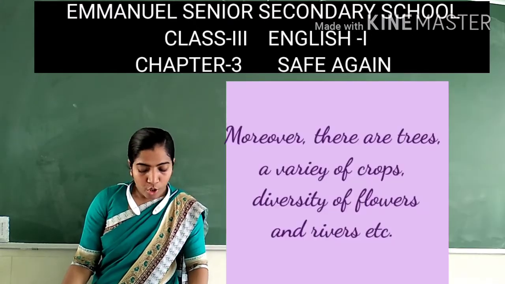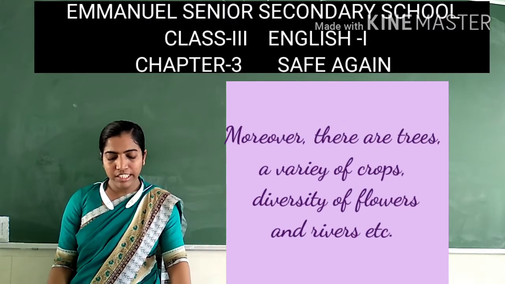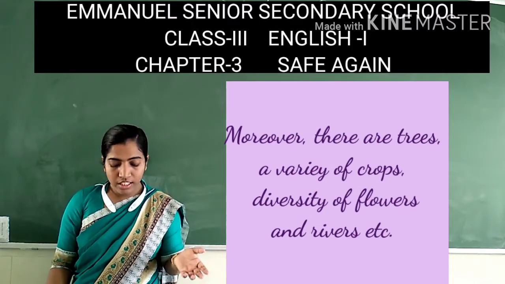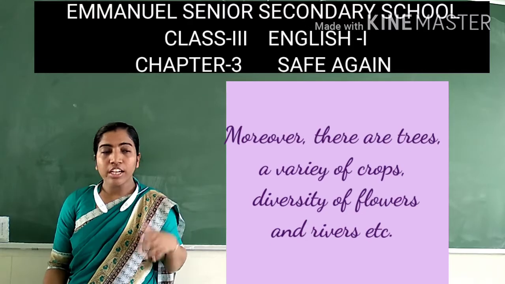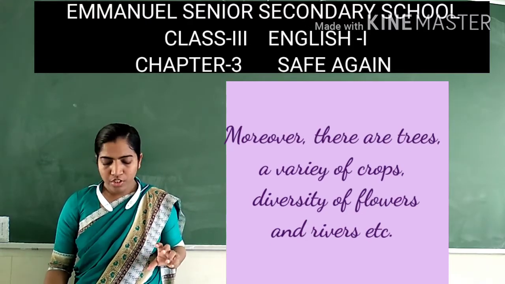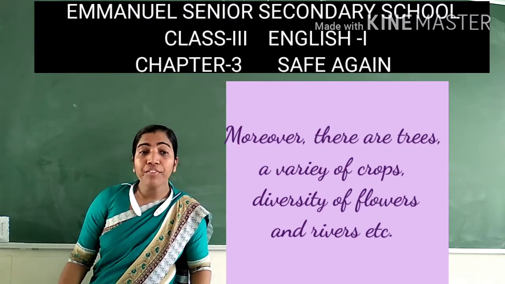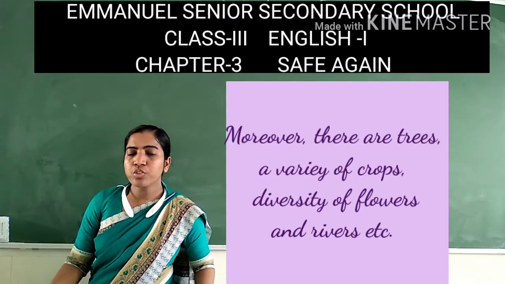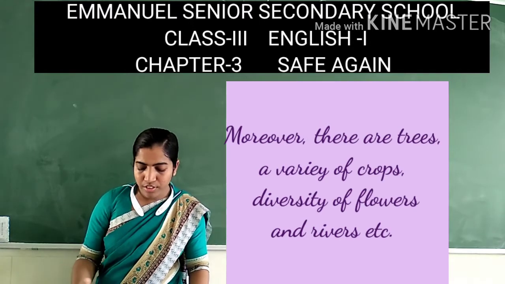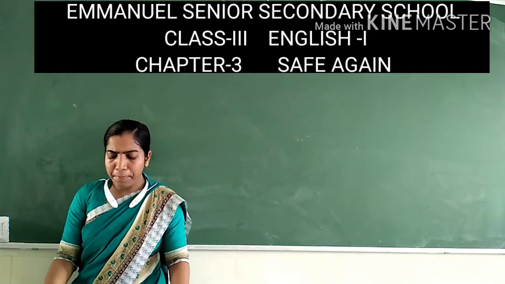Second line: Moreover, there are trees, a variety of crops, diversity of flowers and rivers, etc. Moreover, there are so many trees, a variety of crops, variety means different crops, crops means grain or farming, diversity of flowers, we can say different kinds of flowers are there, and rivers, etc.